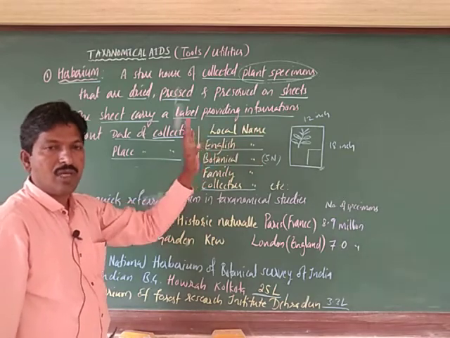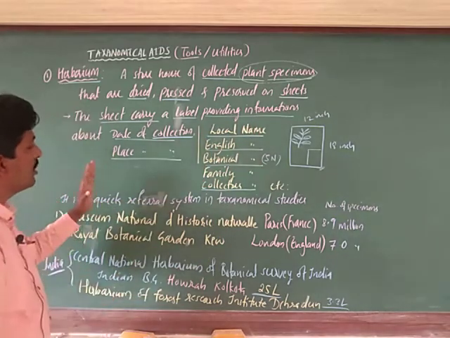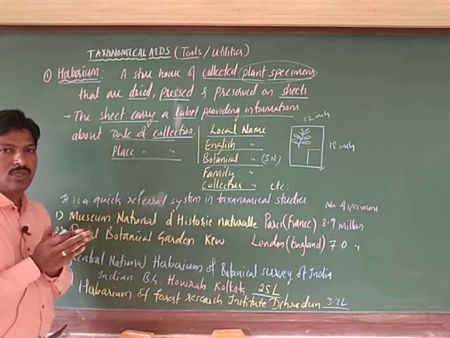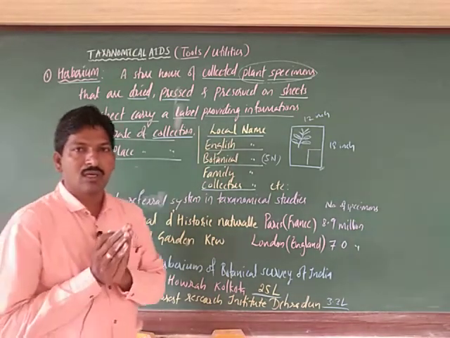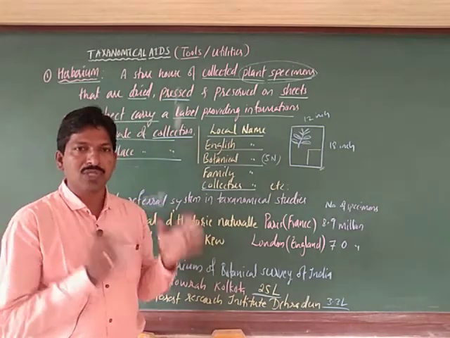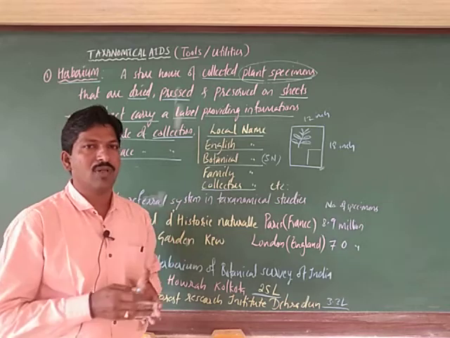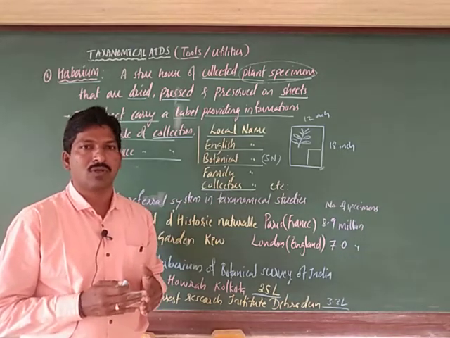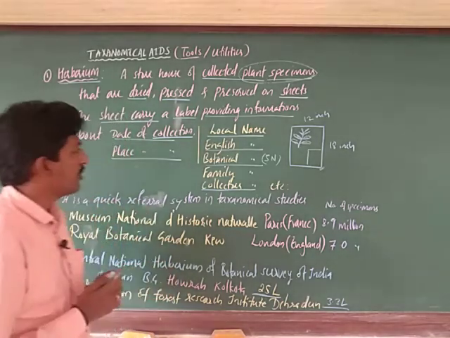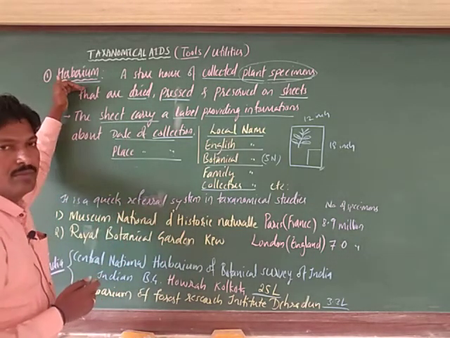Just as we store books in the library, in the same manner these will be stored. That will be helpful for further taxonomic studies. So, that is what we call the herbarium, understood?